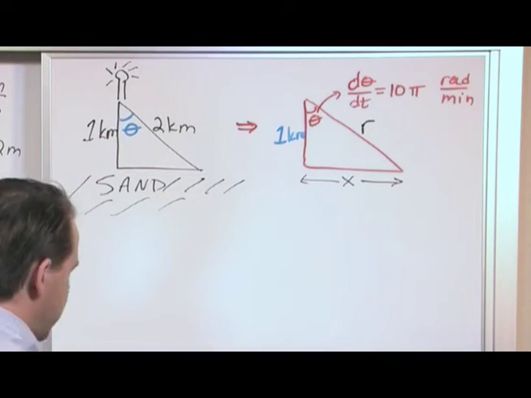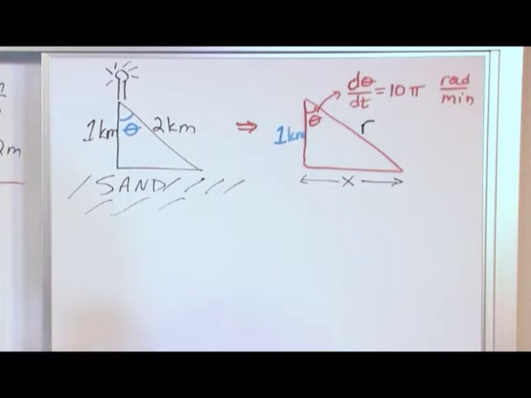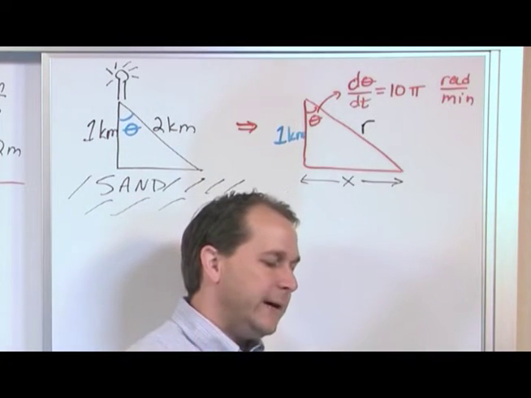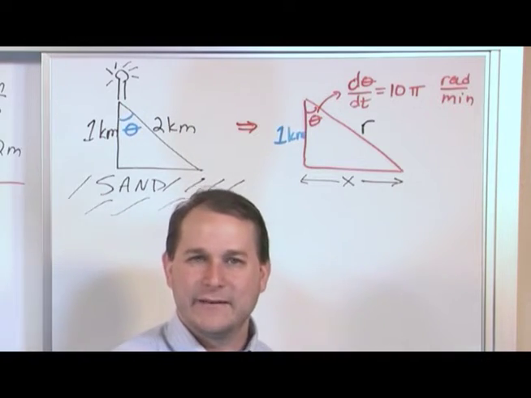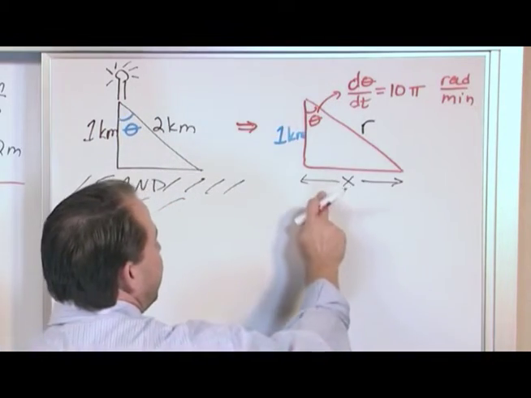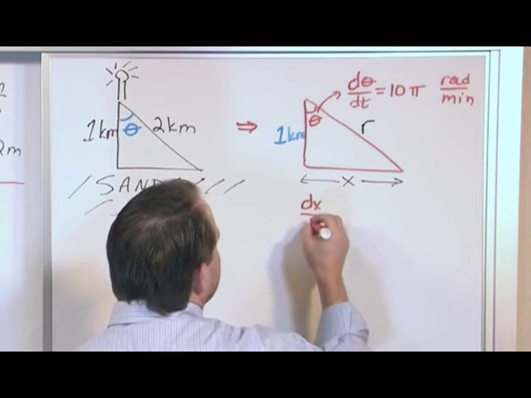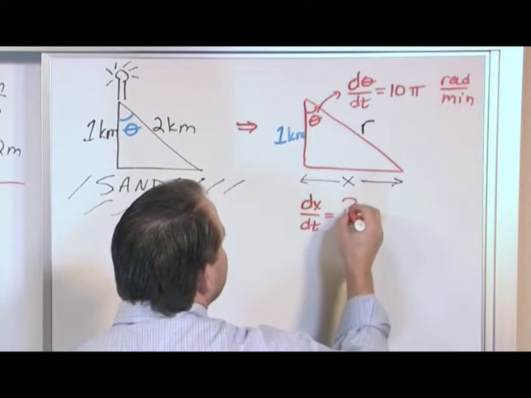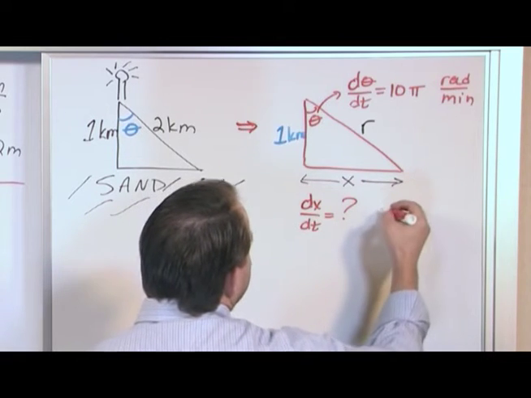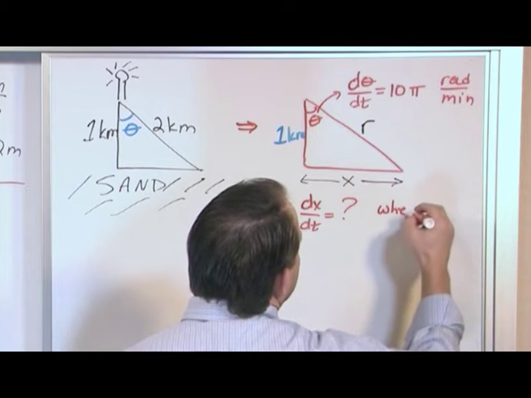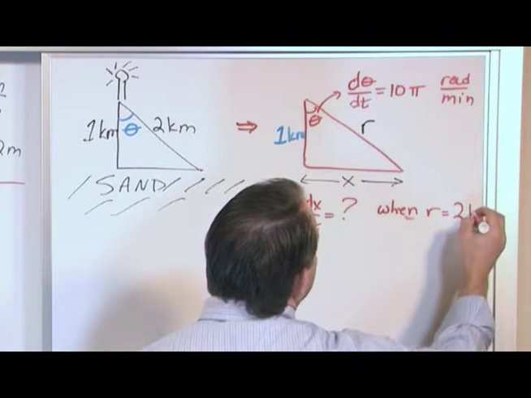So ultimately, when you look at this problem, what are we trying to solve for? We're given this. What are we trying to solve for? It says, what is the speed of the beam as it sweeps across the sand, right? Speed of the beam. Well, that should be dx dt. So what I'm trying to find is dx dt is equal to something, when r is equal to 2 kilometers.